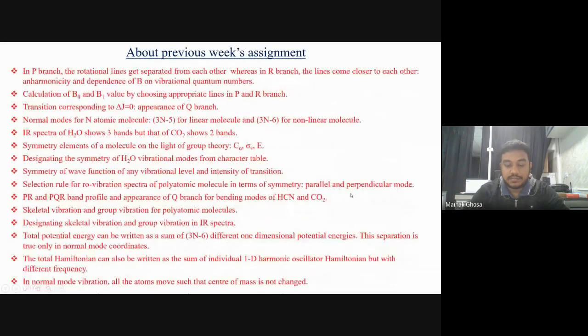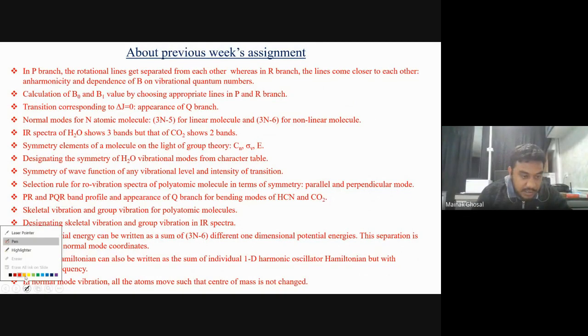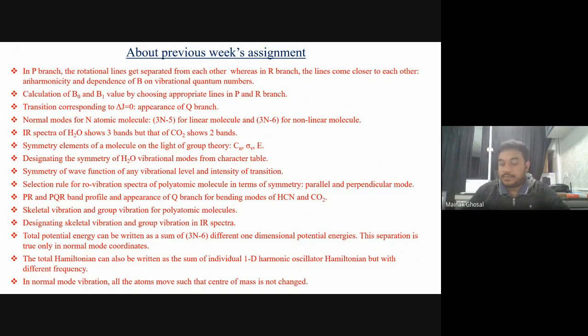Okay. So this was discussed in the previous live session, where there was a discussion on the P, Q, R branches. First we discussed rotational spectroscopy, then we moved to vibrational spectroscopy, and then to rotational-vibrational spectroscopy.